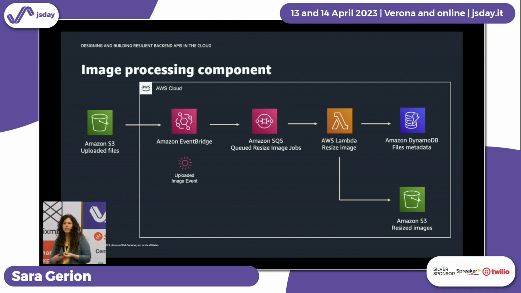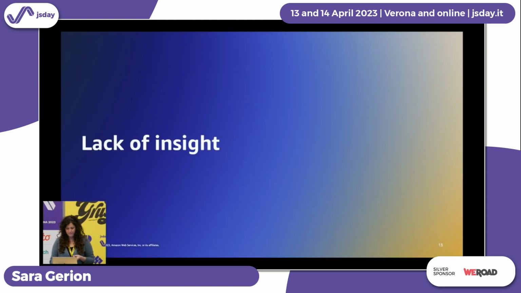We can afford to wait a couple of seconds. So if we have a spike of hundreds of thousands of people doing the same, we can buffer that without an impact on the overall availability of the system. And of course, we want to store the metadata in our DynamoDB table and also store the resized image in my S3 bucket.